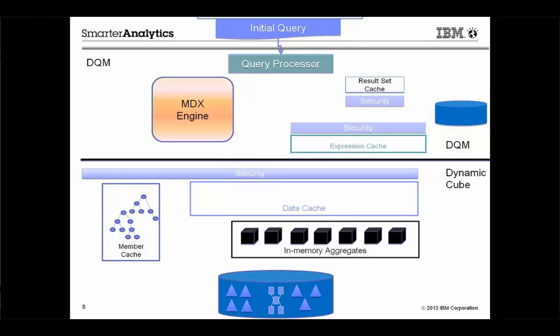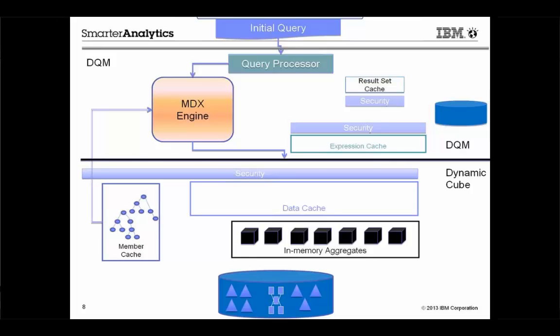Okay, so let's say an initial query comes in. It first goes to the DQ query processor and checks the result set cache. Do I have the results from this query in my result set cache? Nope, it's not there. So it passes that request along to the MDX engine. The MDX engine first checks the member cache to get an idea of what dimensional members are involved in the query.